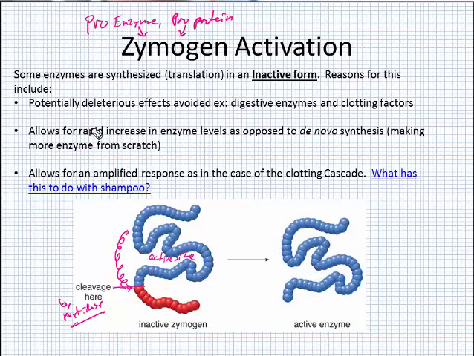Okay. Now there's a few reasons for doing this. One reason is a lot of enzymes or proteins could be potentially deleterious if, once made by translation inside the cell, they were active right away. An example of this would be digestive enzymes, right? If it's a digestive enzyme that's designed to cleave proteins, and it's active as it's made in the cell, it's going to dissolve the cell and kill it.